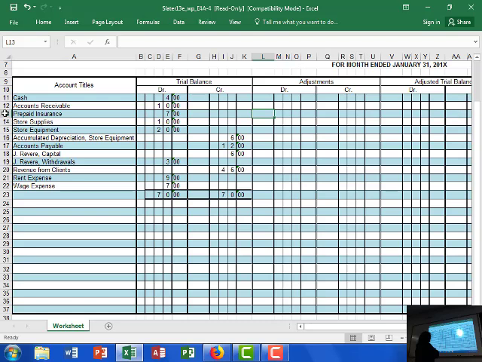Now, our prepaid insurance, we did do something with that. We paid something out. Notice, we have a debit, we have a credit. So what do we need to do to make sure that we've got the correct balance on this side? Subtract, correct? So you're subtracting the $3 from the $7, giving us a total of $4.